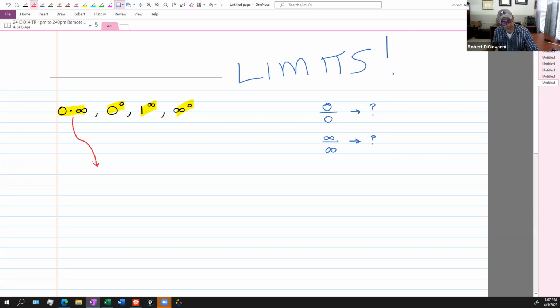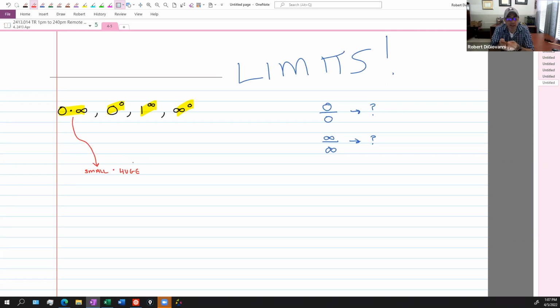What this is saying is you have a very small number, right? Something that's headed to 0 times a very big, huge number, right? So what happens if I take a really small number and multiply times a really big number? Well, I don't know. It depends on how small that number is, and it depends on how big that number is.